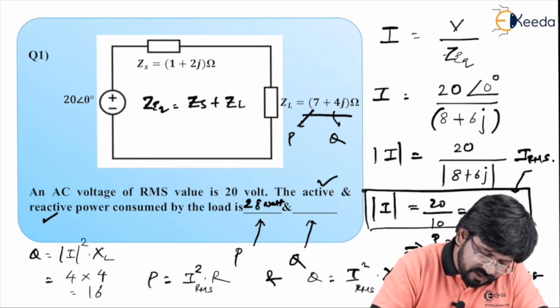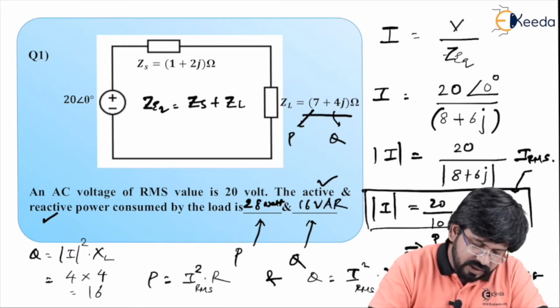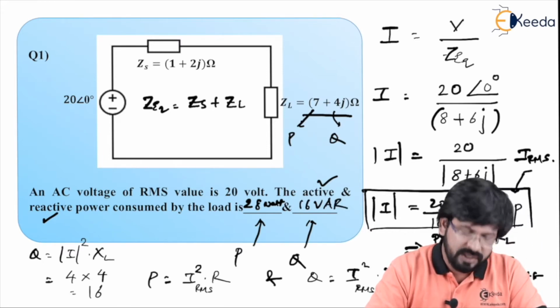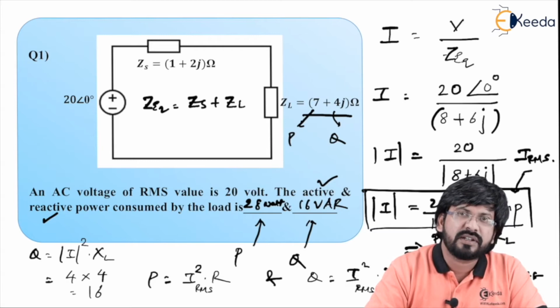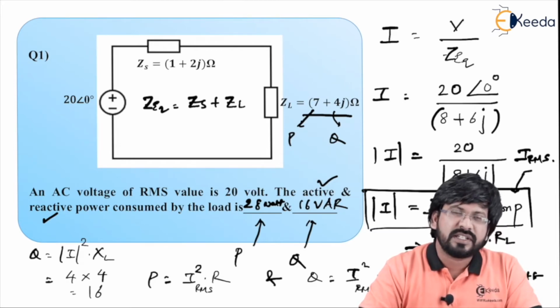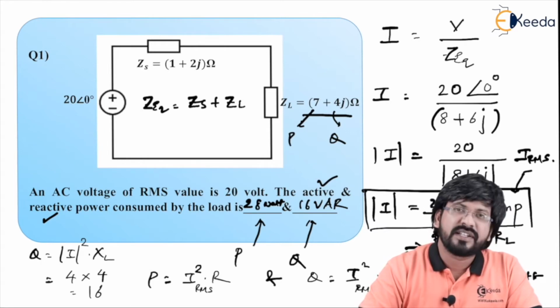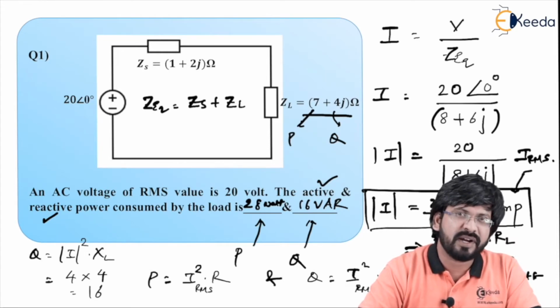So what is the final answer? It is 16 volt ampere reactive. So 28 watt is your active power, and 16 VAR, that is volt ampere reactive, is your reactive power consumed by the load. Let's move to the next question now.